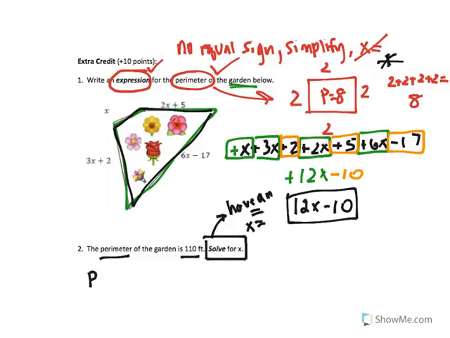So it says the perimeter of the garden is 110 feet. Well, we just found up here that the expression for perimeter is 12x minus 10. If I want to solve for x, I can have 12x minus 10 equals the perimeter of the garden.